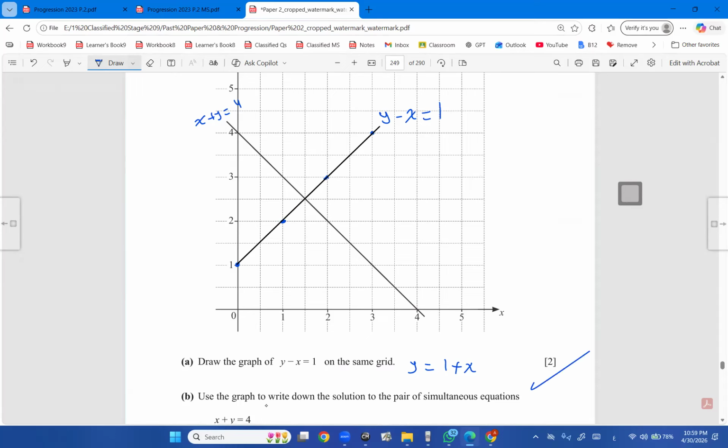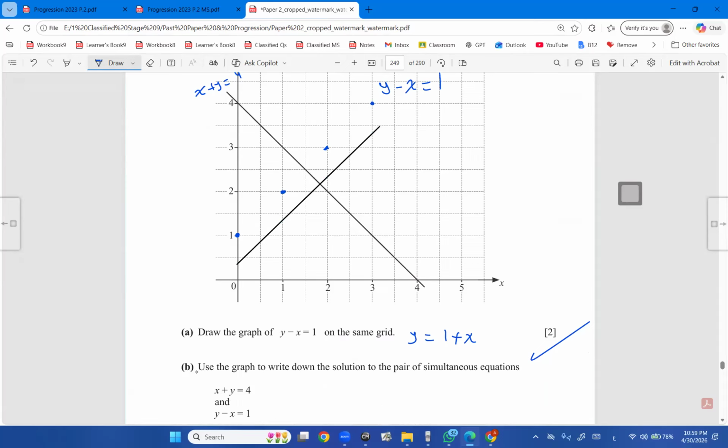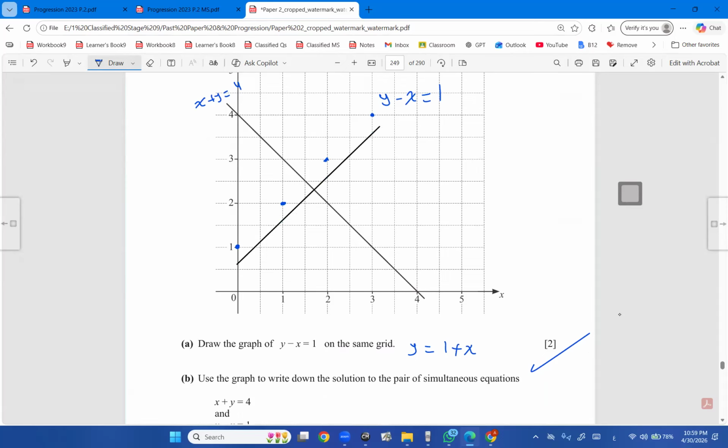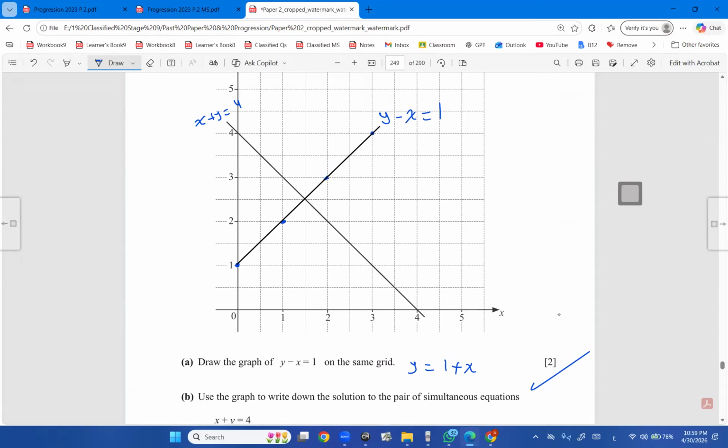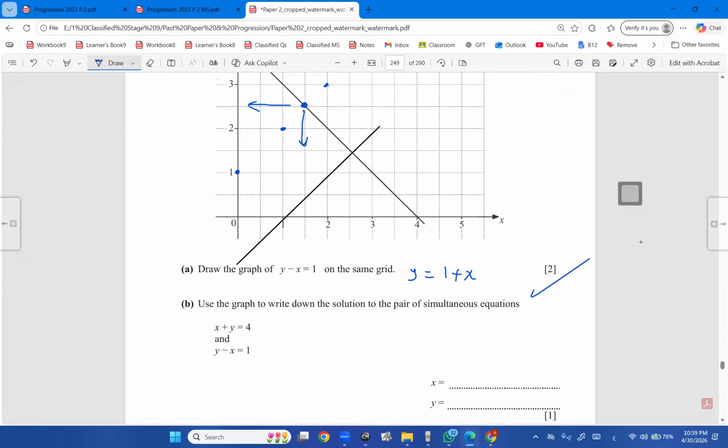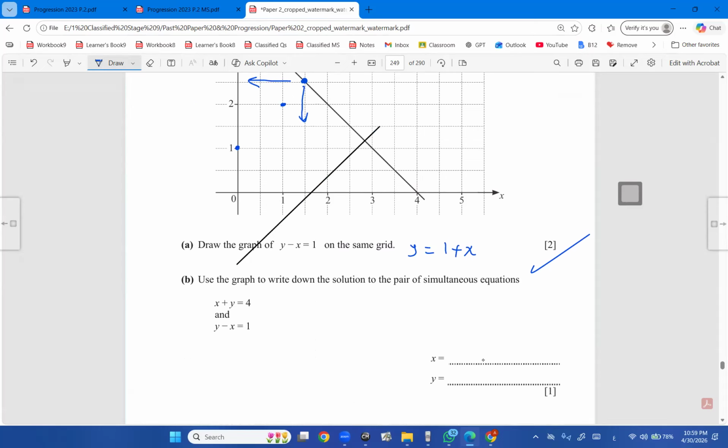Question B, use the graph to write down the solution to the pair of simultaneous equations, x plus y equals 4, y minus x equals 1. Well, to solve the simultaneous equations using the graphing method, you need to find the point of intersection. What is x then? x is 1.5. What is y? 2.5. So 1.5, 2.5.